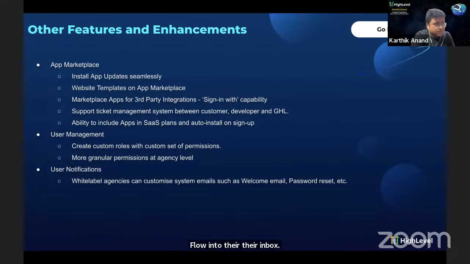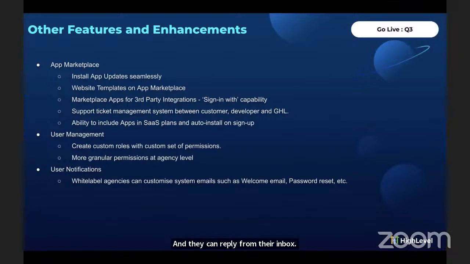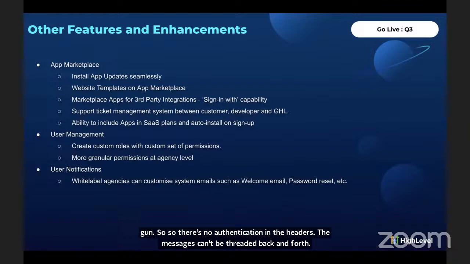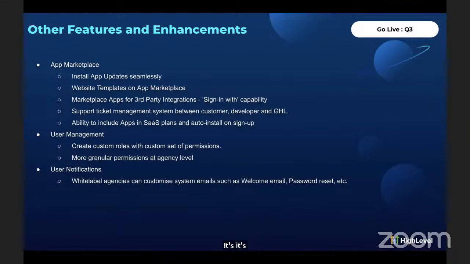You can't do that in HighLevel because you're not using real POP and SMTP like an inbox works, you're going through Mailgun. So there's no authentication in the headers, and the messages can't be threaded back and forth. It's a mess. We had to build this whole custom thing, which was a huge expense and hugely time consuming for something that the customer was already doing in Outlook and Gmail natively.